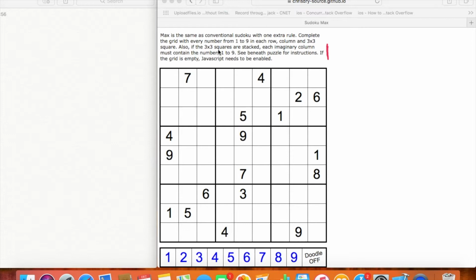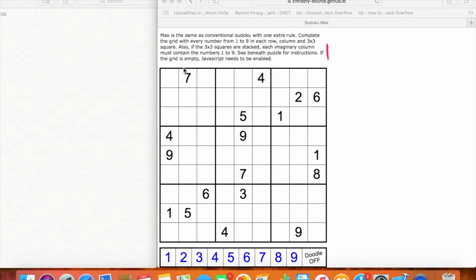If the 3x3 squares are stacked, each imaginary column must contain the numbers 1 to 9. The 3x3 squares are these blocks of 9 squares.